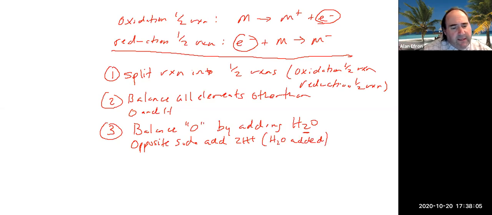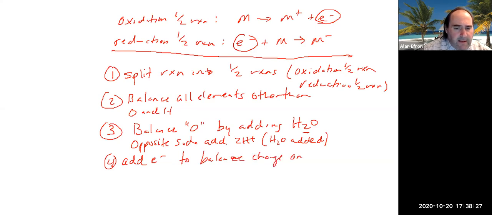So one side will get the water to balance out the oxygens. The other side will get 2 H pluses to balance out the hydrogens that you added because you added water. At that point, you will add electrons to balance the charge in each half reaction.